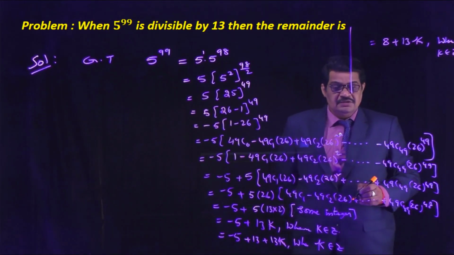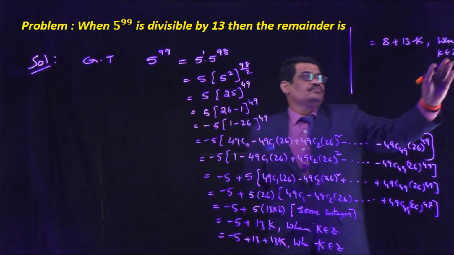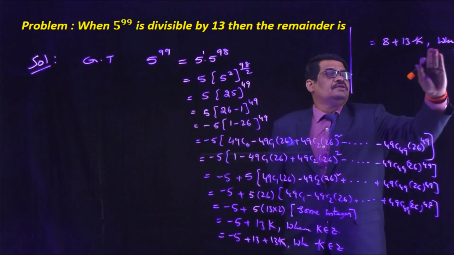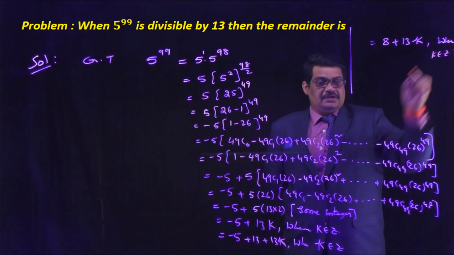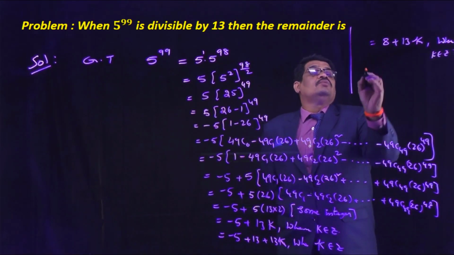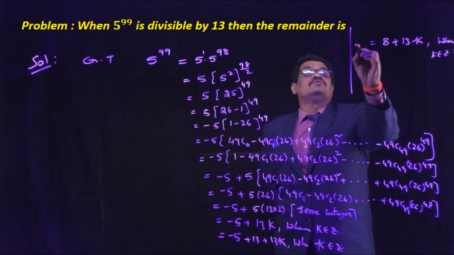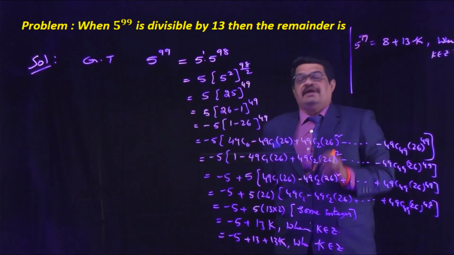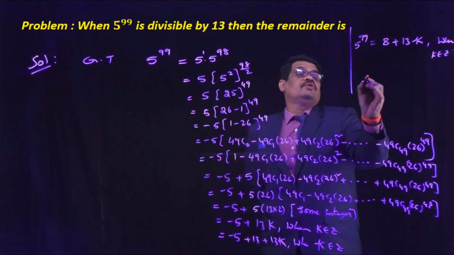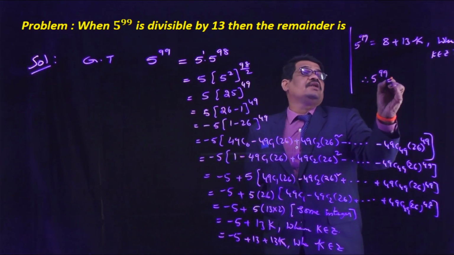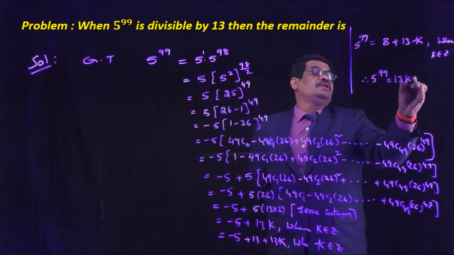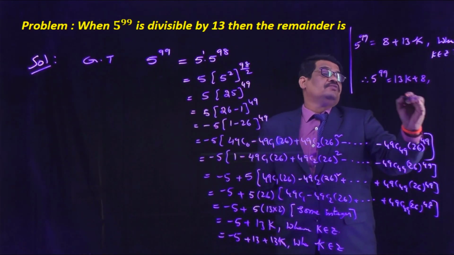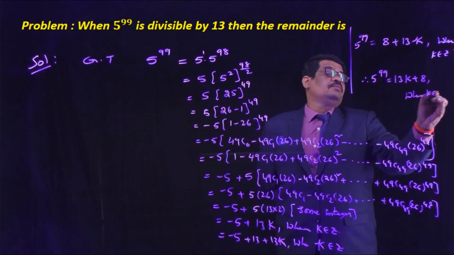Therefore 5 to the power of 99 is equal to 13k plus 8, where k is some integer.